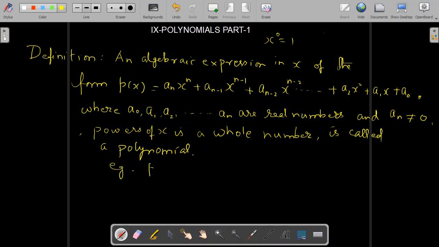So say for example p(x) is equal to 2x cube minus 4x square plus 5x minus 7 is a polynomial.